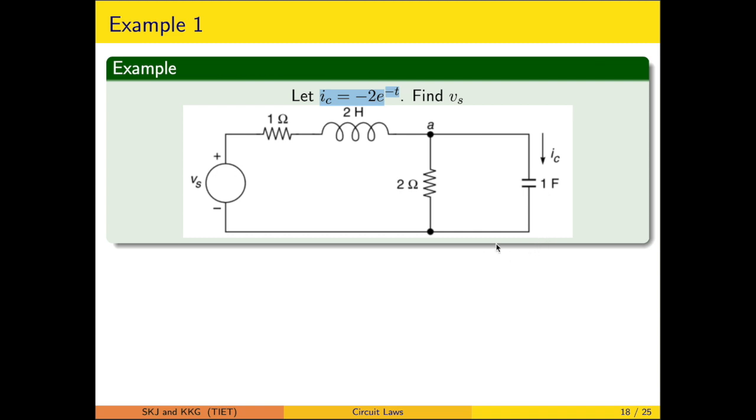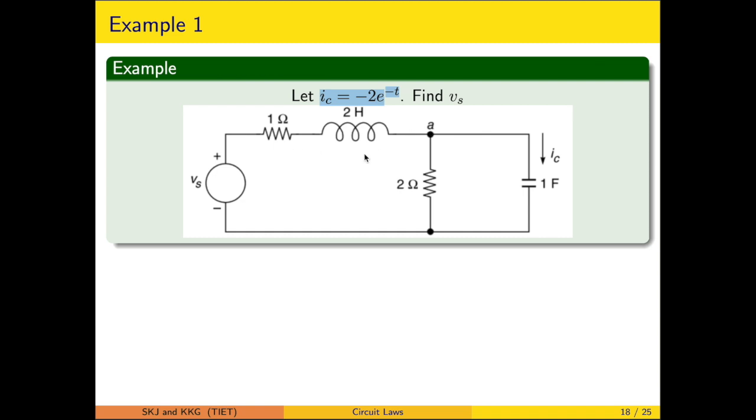Now this Vc is exactly equal to the voltage across the 2 ohm resistor, because they are connected in parallel, or you can say they are connected between the same pair of nodes. Once that is known, you can calculate the current through the inductor by applying the KCL.